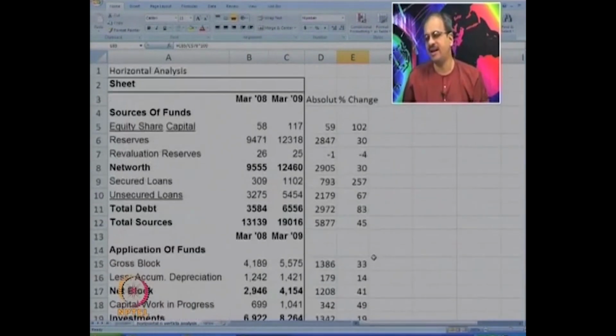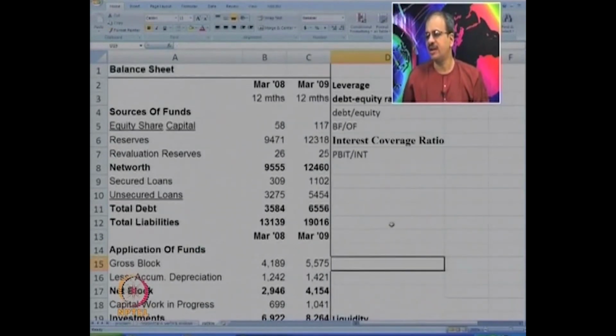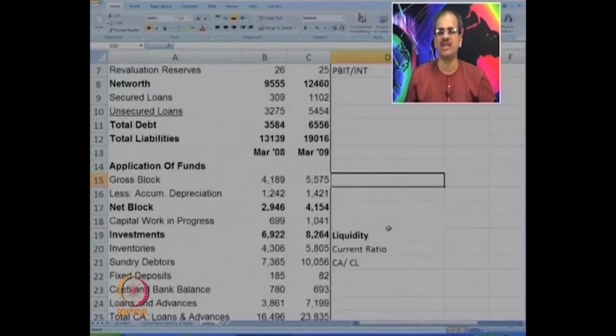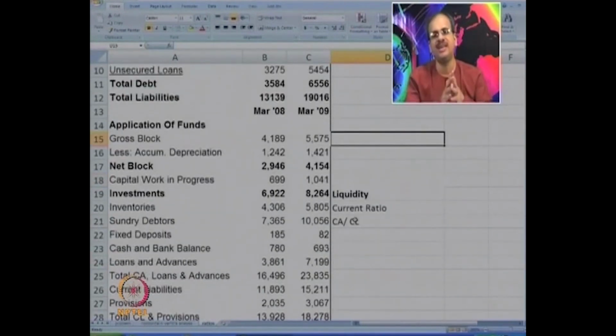Now, let us go ahead and try to calculate the ratios. Okay. So, what are the important ratios? We had seen ratios under 3-4 categories. First, we had seen liquidity ratios, which I have tried to put here because they have some linkages with the current assets and liabilities.